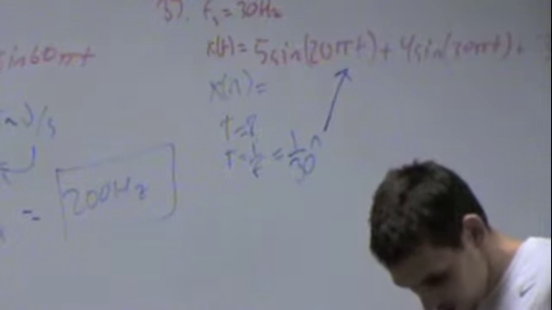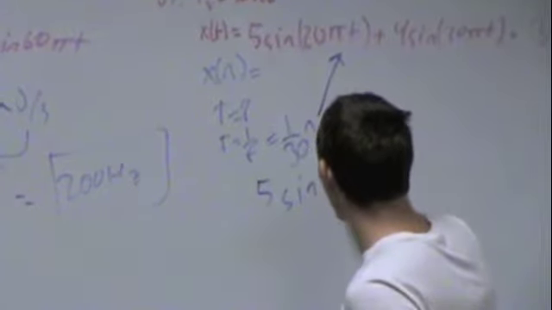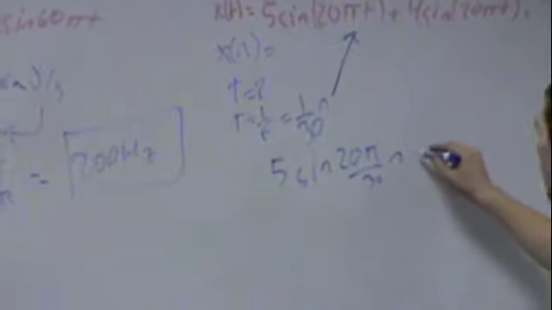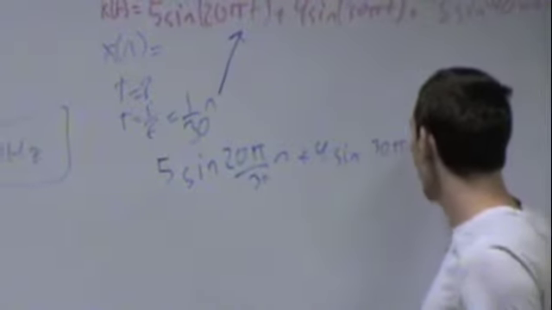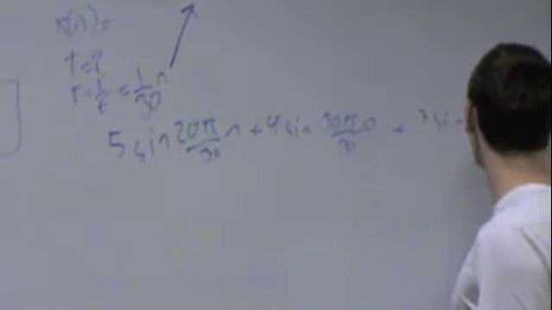So we are on 37. So what you do is you end up with 5 sine of 20 pi over 30 n plus 4 sine 30 pi over 30 n plus 3 sine 40 pi over 30 n.